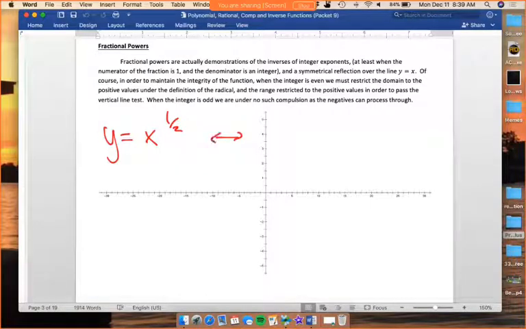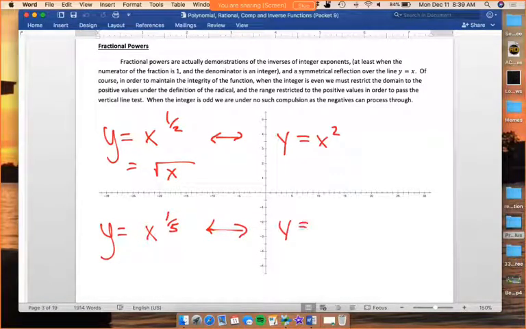In other words, y equals x to the 1/2 is the inverse of y equals x squared. We normally read it as the square root, or radical x. Y equals x to the 1/5 is the inverse of y equals x to the 5th. And we would normally write it as the 5th root.